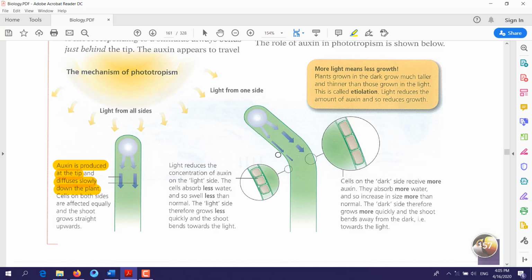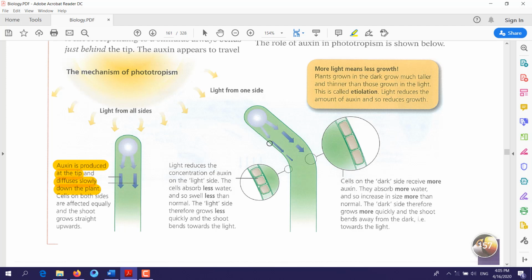What does that mean? The side that faces the light will produce less auxin. The auxin affects the absorption of water. As we know, the more water the plant cells have, the straighter they are. Now, light is coming from this side, so auxin at this side will be less.